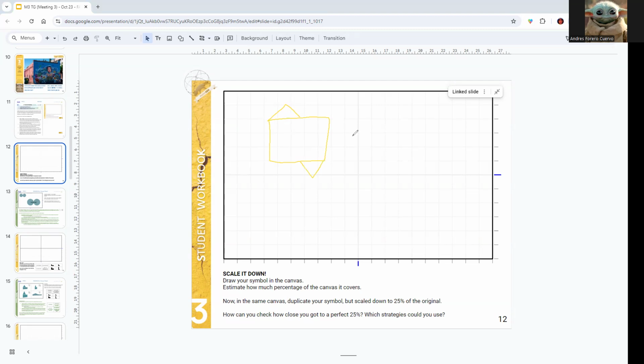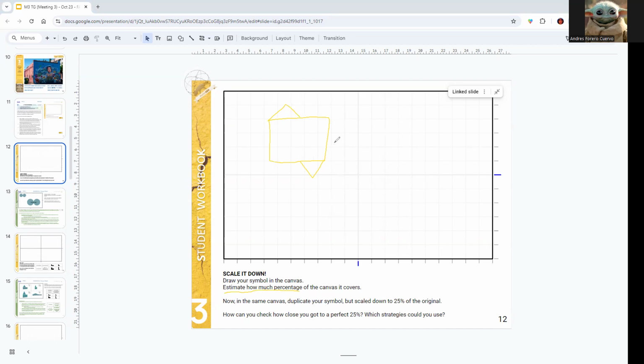They would have to, after drawing it, estimate what's the percentage of the canvas it covers. So here it looks that it's small, right? So they could, for example, say that it's less than 25% because it actually fits in one of these fourths. And then they could use different methods to estimate, which we'll see in a minute.